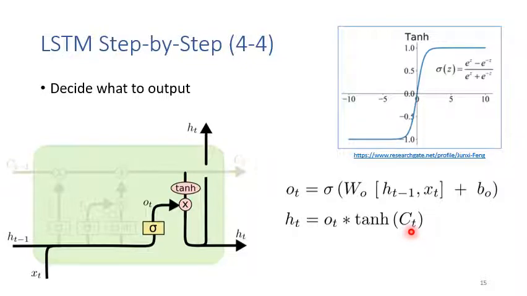The new cell state is passed to the tanh activation function, and then we use a control gate to decide how much information we want to pass to the next stage. The output gate is based on the previous output and the new input to decide how much information we want to pass to the next stage.